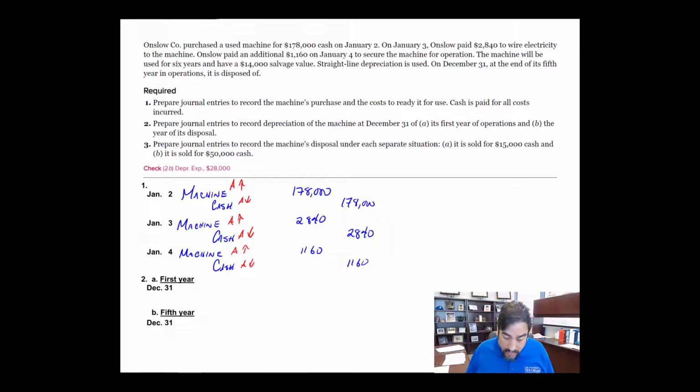And now they want us to prepare the journal entry to record depreciation at December 31st of its first year and its 5th year. So this is straight line depreciation.